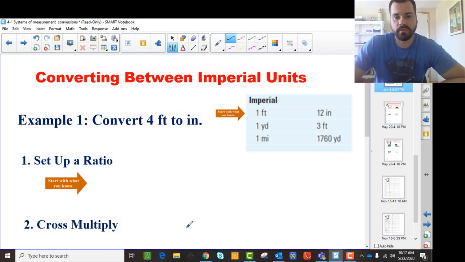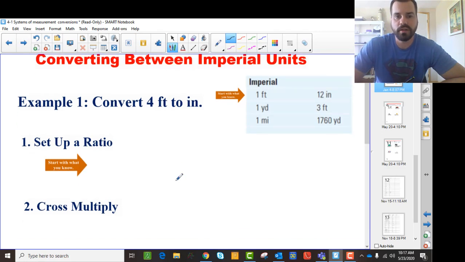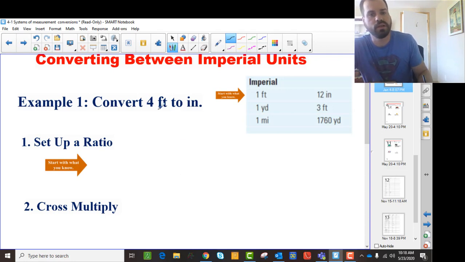And it's pretty simple. All you have to do is set up the ratio, and then just multiply, and you're done. So if you want to go from 4 feet to inches, you start with what you know, meaning that there's 12 inches in 1 foot, and I want to know how many inches there are, and I'm going to put an X there, in 4 feet.